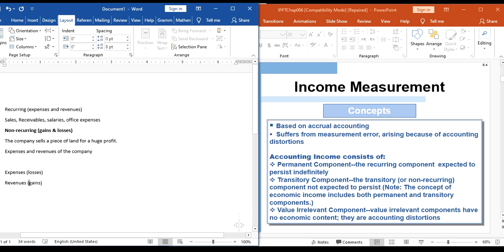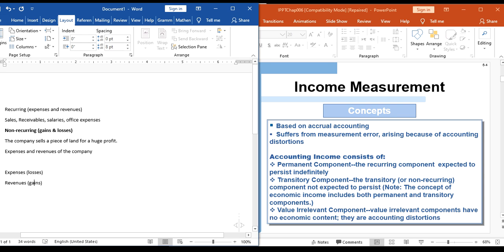So when we check the financial statement of a company, we should recognize which one is gain and which one is revenue. And whenever we look at the company's income statements, we should expect to not see this one. It can be mentioned in the financial statement somewhere else, but not in the income. This is not an indicator for income of the company, because it's happening only once and it's not repeating.